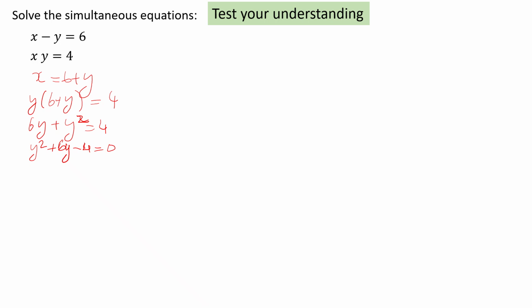If you try factorizing, you cannot get proper factors. So y squared plus 6y: y plus half of the y term, which is 3, squared, then take away 3 squared, which is 9, minus 4 equals 0.